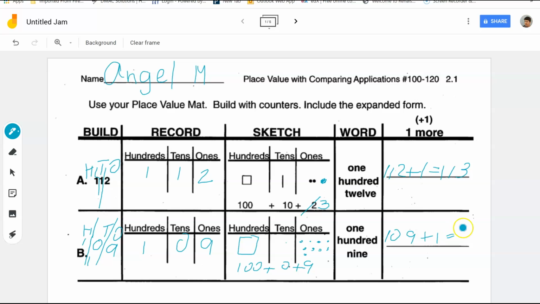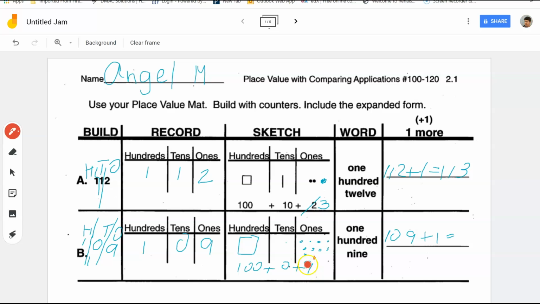And let's see how many is that. So I'm gonna change the color so that you can see that. So we're gonna add one more right here. And now let's count. This is 100 plus 0 plus 1, 2, 3, 4, 5, 6, 7, 8, 9, and 10.